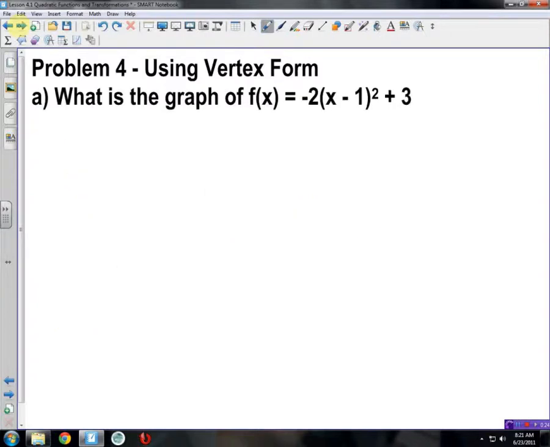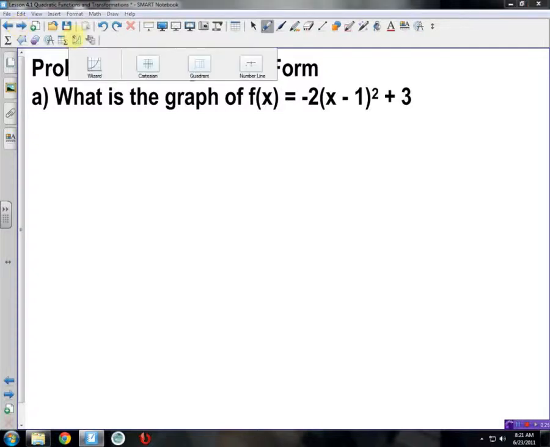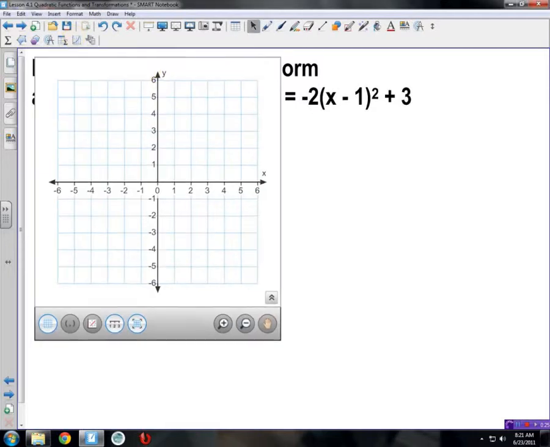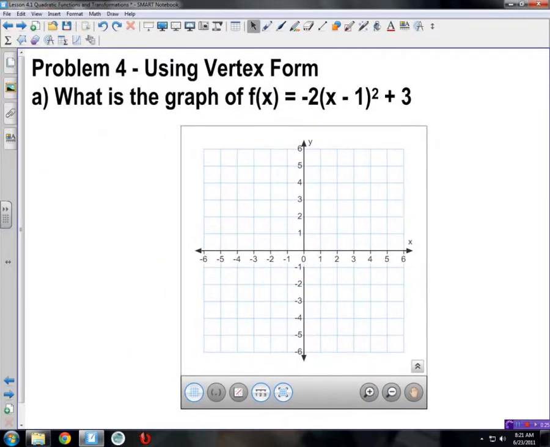All right. Now we're going to be using vertex form to tell us what the graph of this looks like. So let me get a piece of graph paper in here. Let's do a few investigation things first. Where's the vertex?